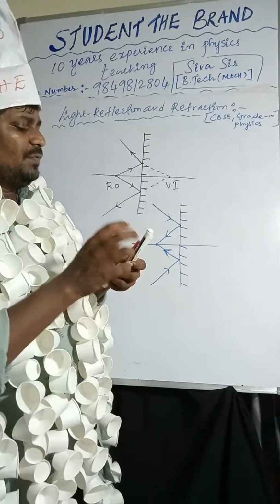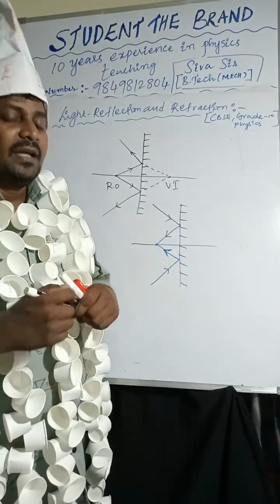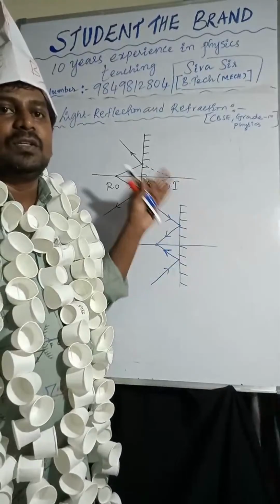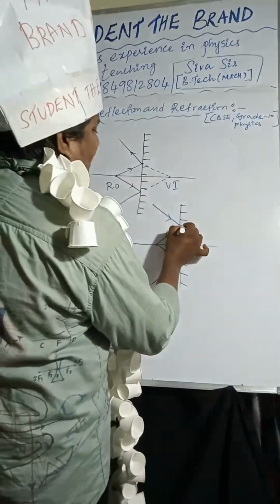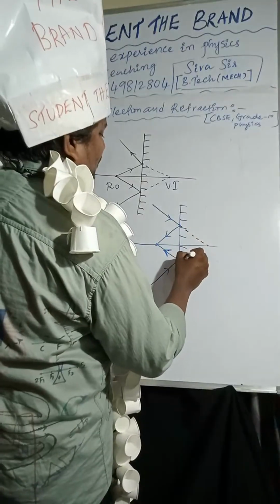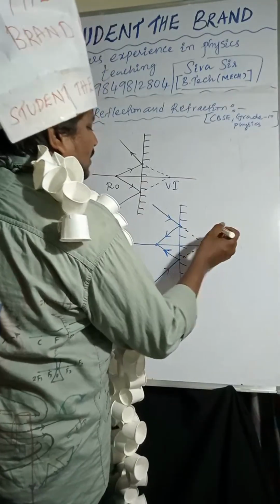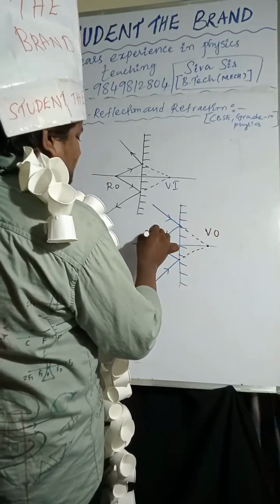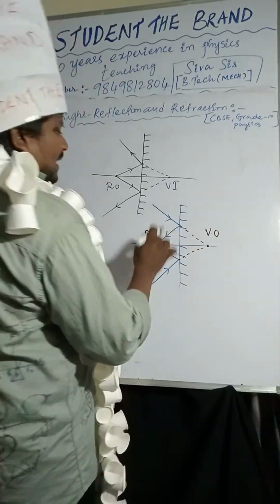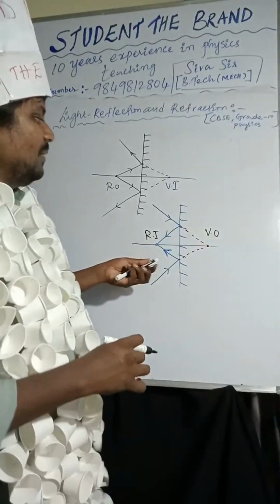If you extend these light rays, they will meet at one point. So I am considering here, the image will form here. So this is a virtual object and a real image.